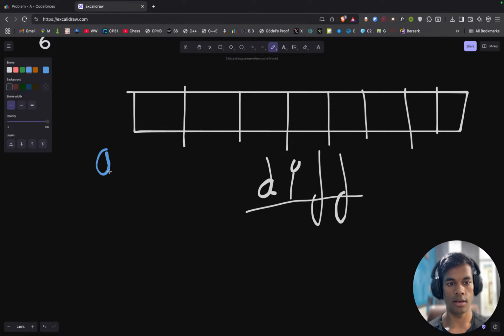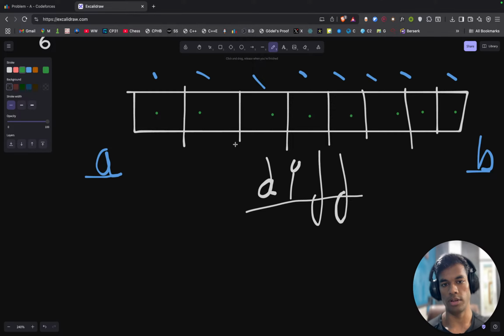Your a is here and your b is here, and you want to increase a this many times to get up to b, right? So among these cases, this is 1 2 3 4 5 6 7 8. So this is 8, right?